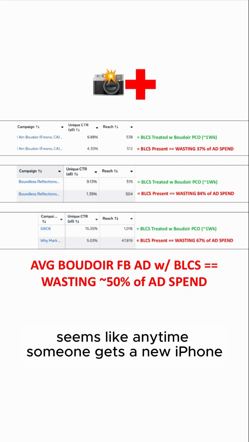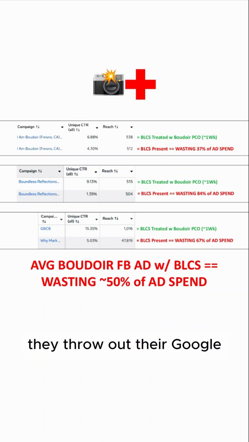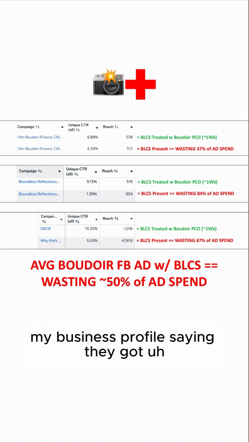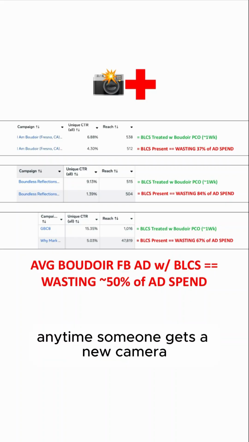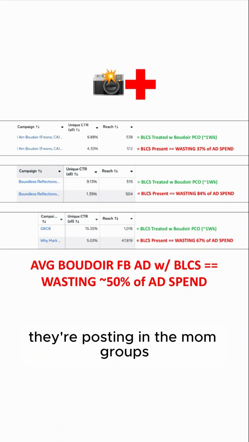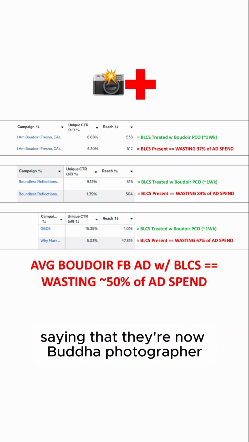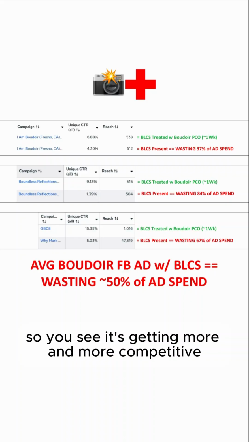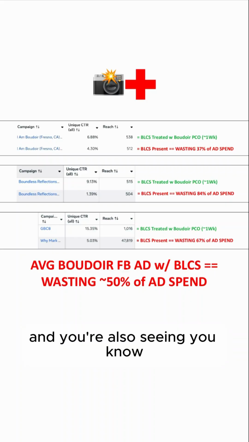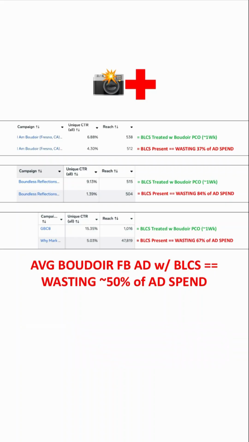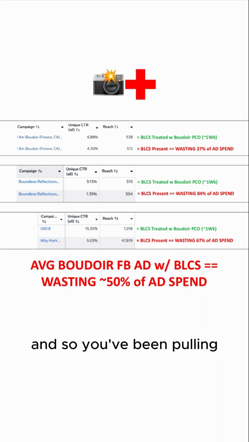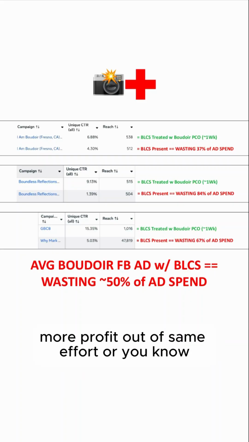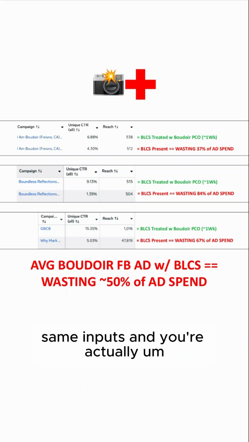Seems like anytime someone gets a new iPhone, they throw up their Google My Business profile saying they're now a boudoir photographer. And anytime someone gets a new camera, they're posting in the mom group saying they're now a boudoir photographer and offering sessions. So you see it's getting more and more competitive. And you're also seeing more inflation, cost of living going up.